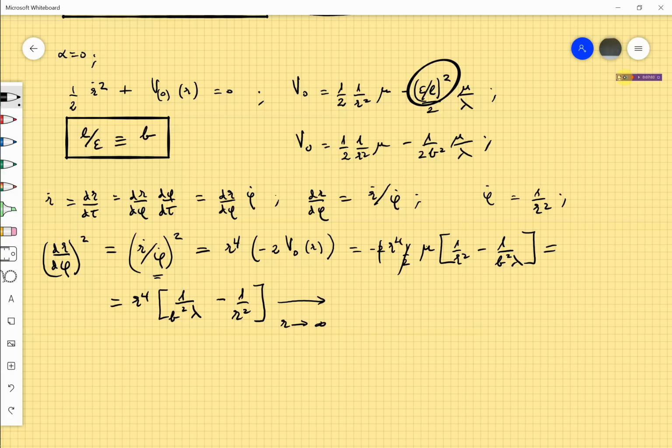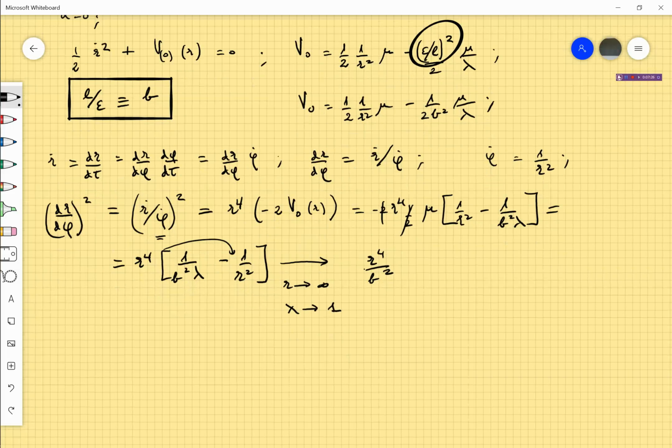When r goes to infinity, lambda goes to 1, and certainly 1 over r squared goes to 0. The dominant term here is this one, because the other would go like r squared only, so the dominant term is the one with r to the fourth divided by b squared. So at long distance, you can solve this equation asymptotically.